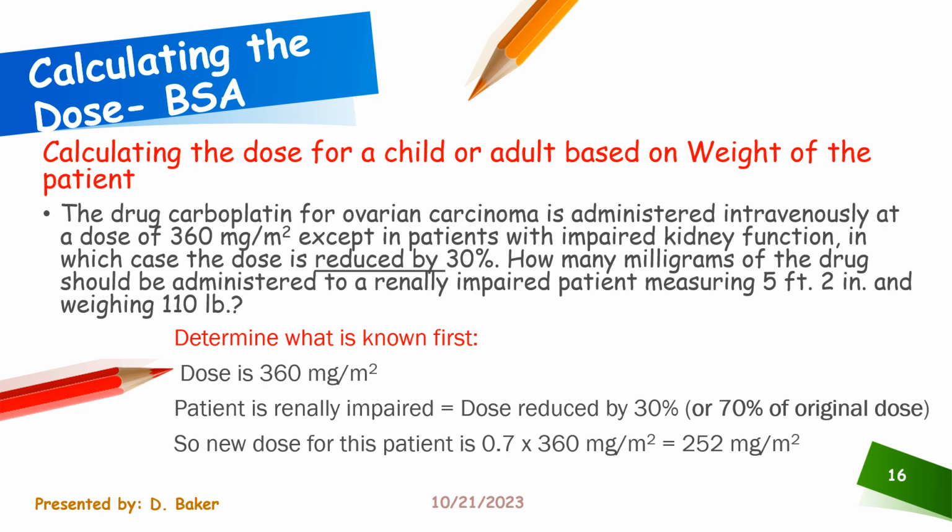In this hypothetical example, the recommended dose of the drug for someone with renal impairment is to have it reduced by 30% of the usual recommended dose. So in this case, you're only giving 70% of the drug. 70% of the 360 milligrams per meter square is 252 milligrams per meter square.